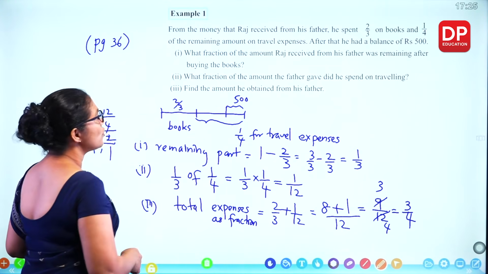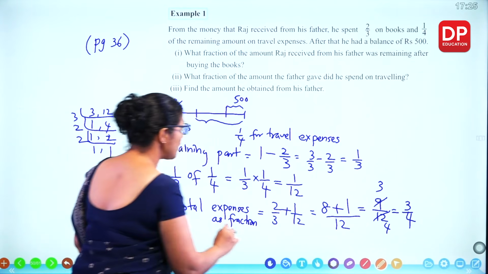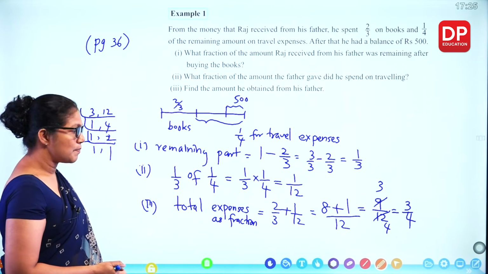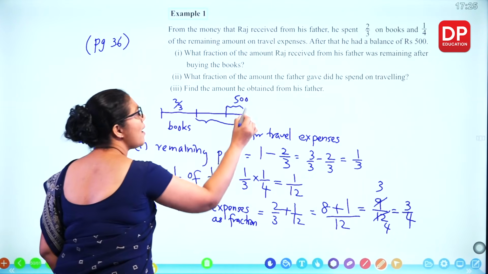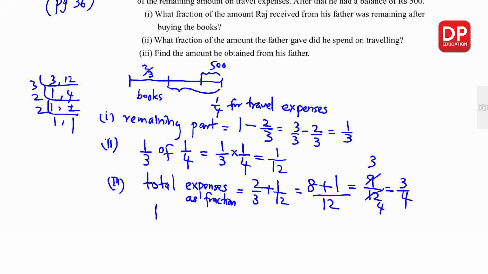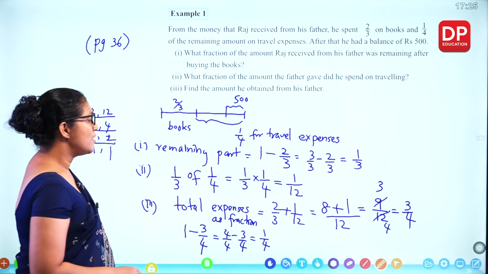Now here 3/4 he spent for books and travel expenses. So what's the remaining part? We know if the full part is 1, you need to subtract 3/4. So 4/4 minus 3/4 gives you 1/4. So 1/4 represents 500 rupees.